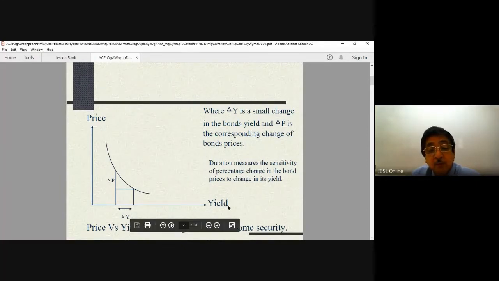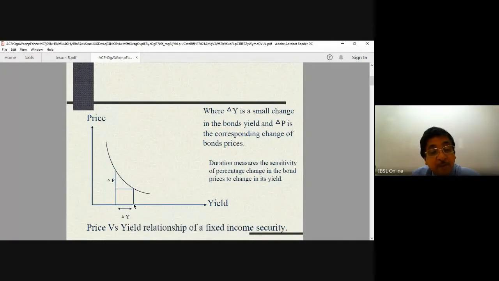Now when you assume yields, you can get the corresponding price. Just check when yield is this amount, I put the arrow there. When the yield is that amount, the price will be this. When the yield increases by this amount, the new yield is this.